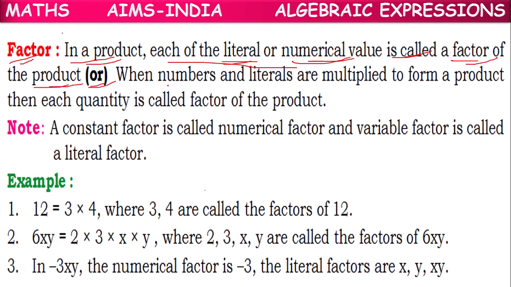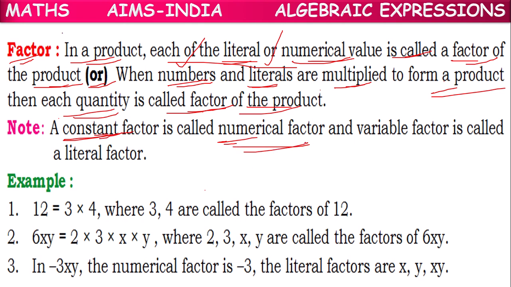When numbers and literals are multiplied to form a product, each quantity or literal which is multiplied for making the product is called a factor of the product. If the factor is numerical or constant, it is called a numerical factor. If it is a variable, it is called a literal factor.